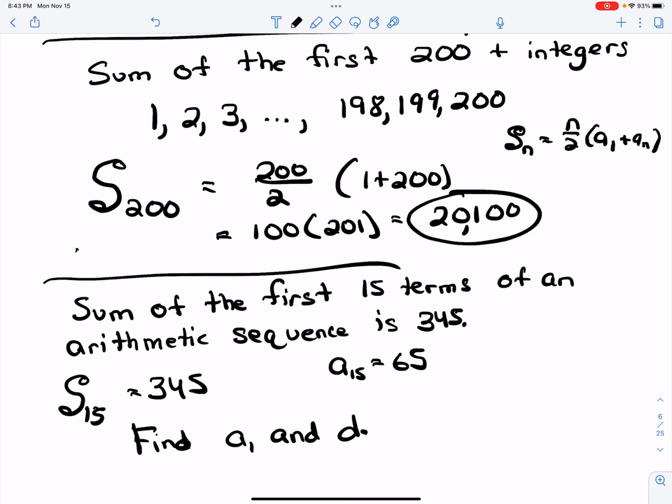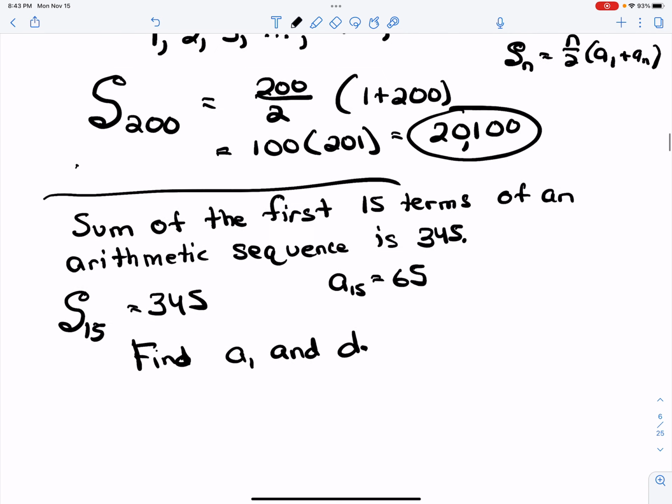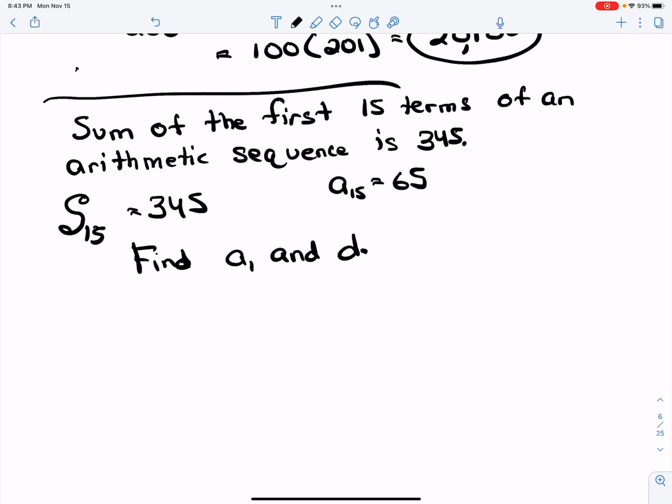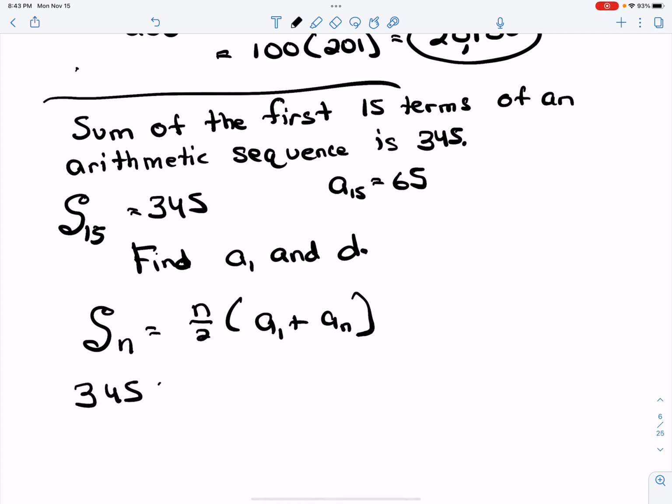Interesting. Okay. Well, let's think about what formulas we have. We know a sub 15, which is the a sub n. We need to find a sub 1. So we can use the formula S sub n equals n over 2 times a sub 1 plus a sub n, because we're trying to find a sub 1. We know the sum is 345.